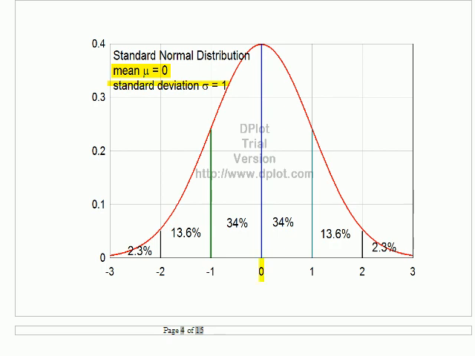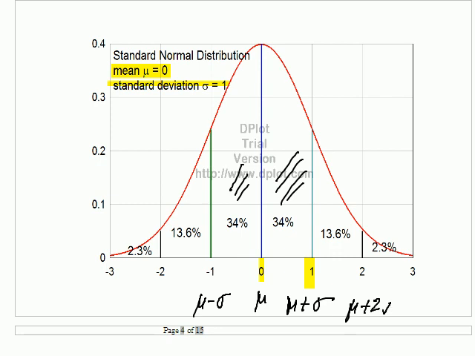Okay, so if you move one standard deviation above the mean, so here's your mean, and it's mean plus one standard deviation, the area here under the curve is 34%. Going down one standard deviation, you have 34%. From 1 to 2 standard deviations above the mean or below the mean, the area is 13.6%. These are the standard ones that we talked about before.